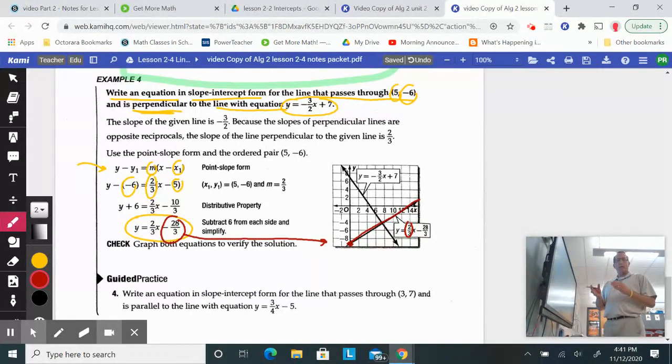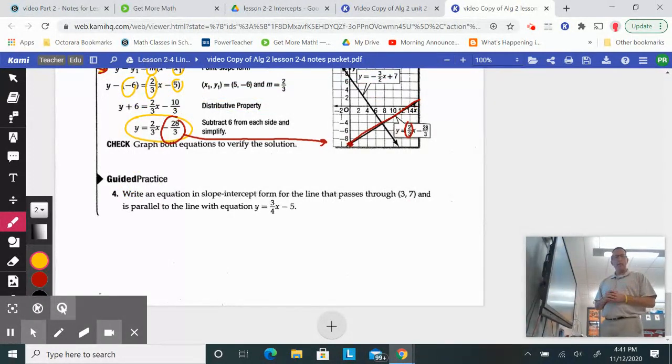So the final answer you want to put in slope-intercept form, even though we used point-slope form to begin with. Now I like to use point-slope form very little. I use slope-intercept form almost all the time to manipulate and get information, to find the y-intercept, or whatever I need to find. So you'll see that in class.